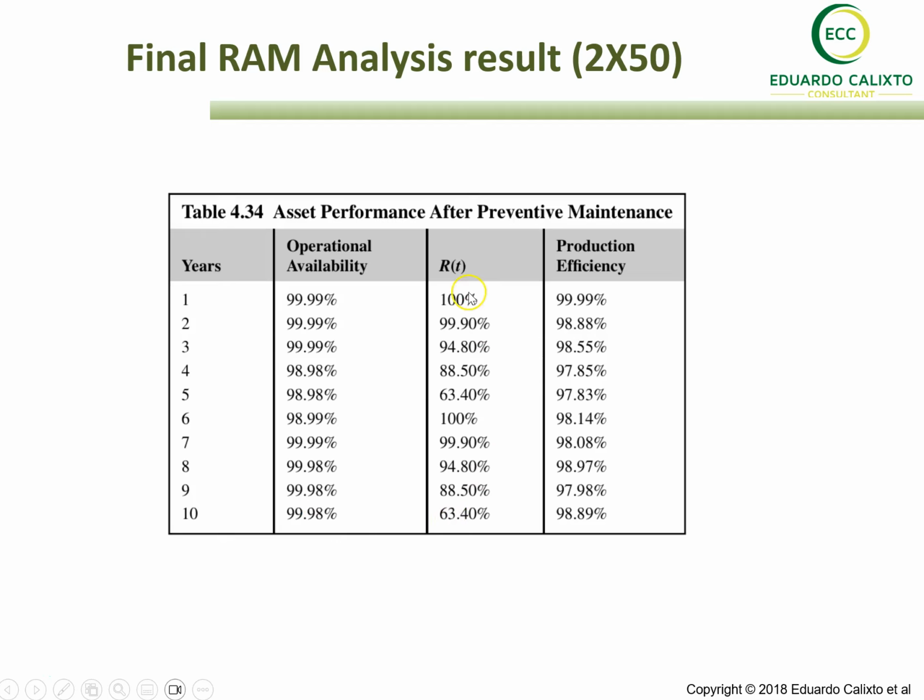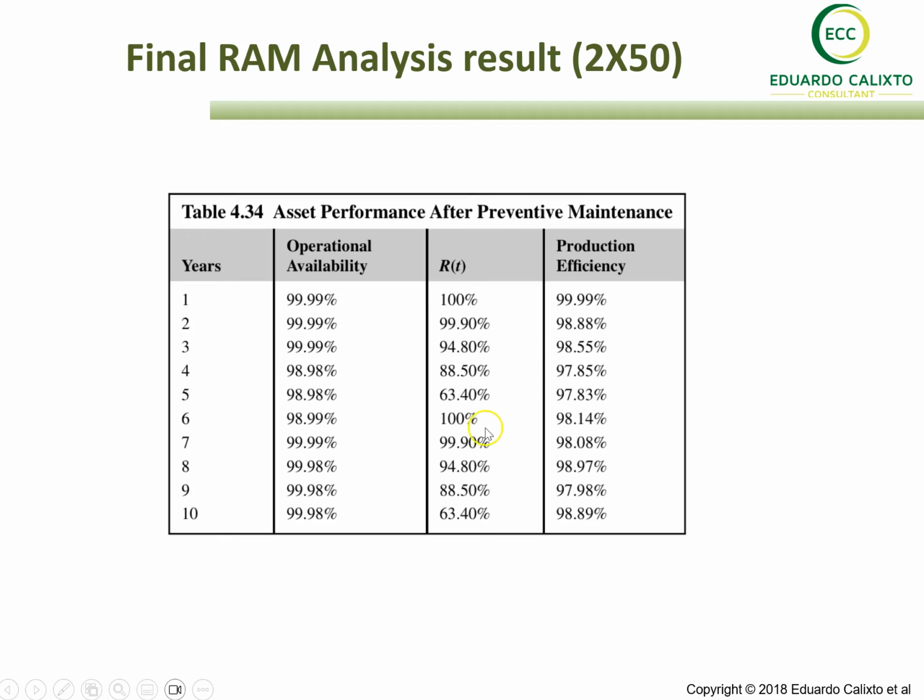So what's happening here? Around 3 years I will perform some preventive maintenance. So after 5 years here, the reliability gets back to 100%, because when it gets to 63%, I will increase my reliability to 100%, and then let's go again.